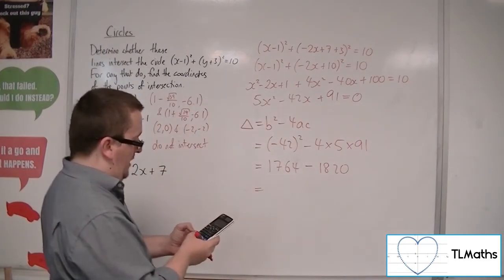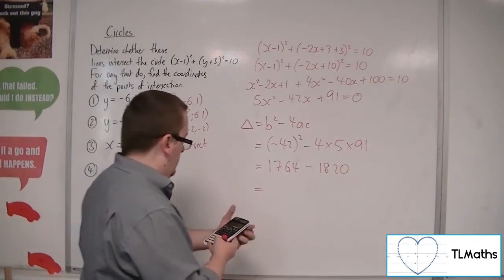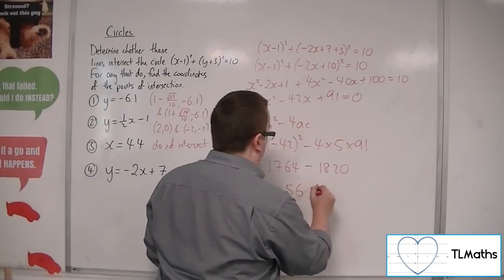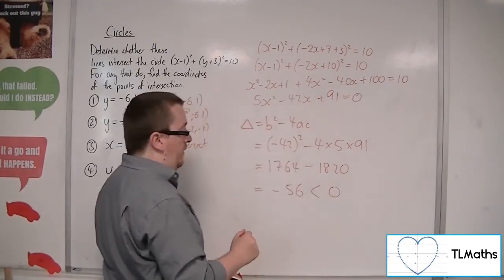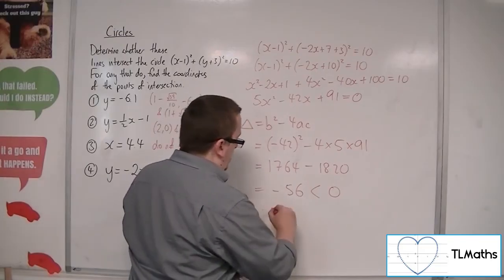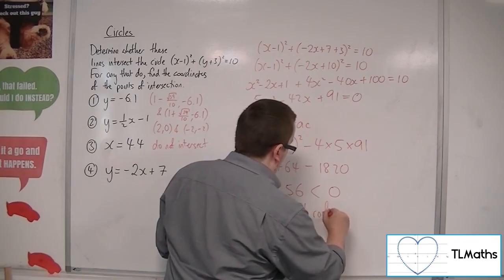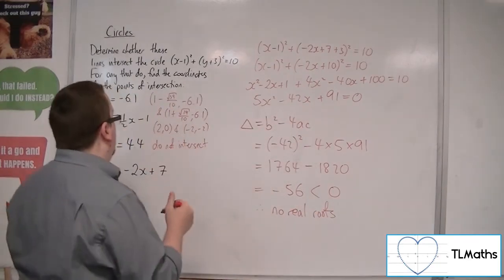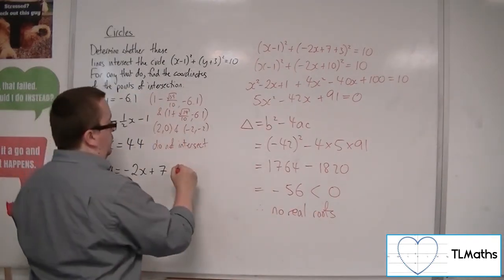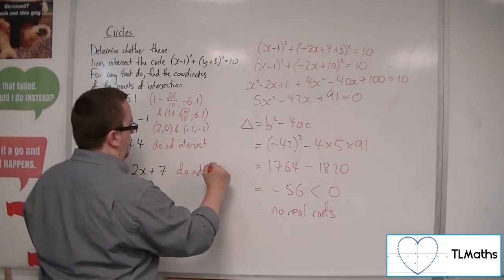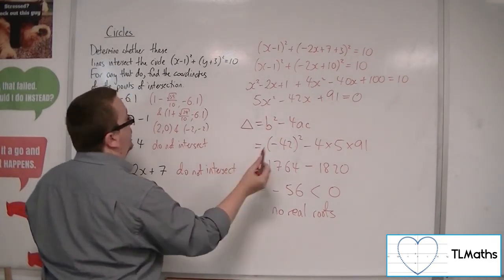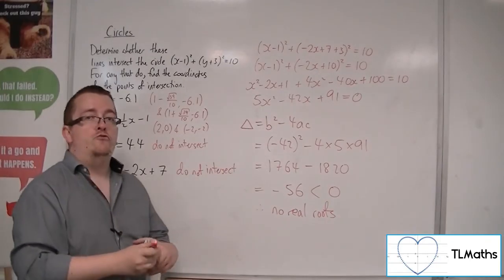So that's -56. And then you can say, well, that's negative. Therefore, there will be no real roots. And so the line and the circle do not intersect, because that equation there has no real roots.